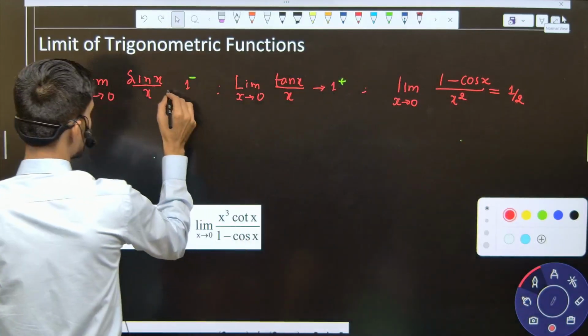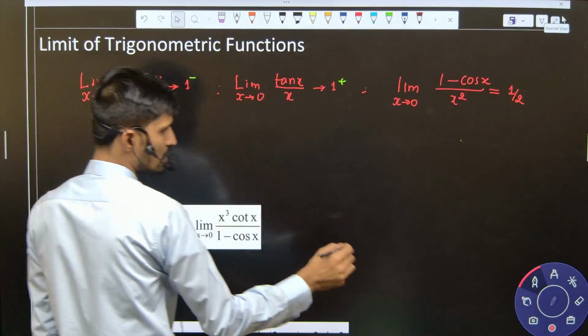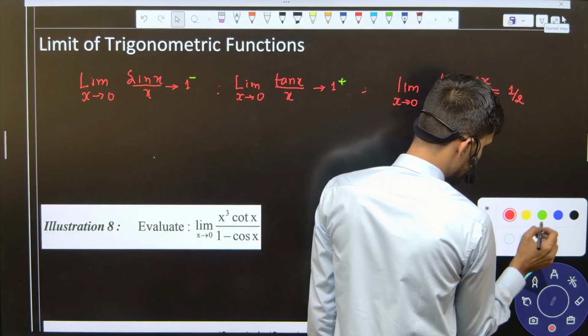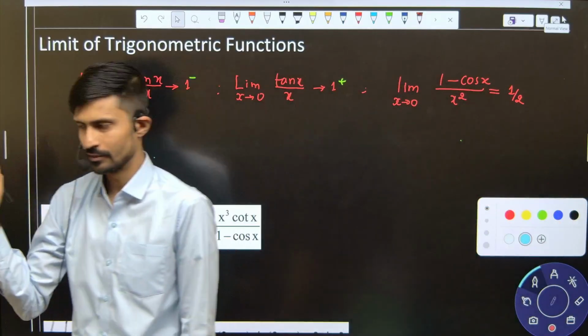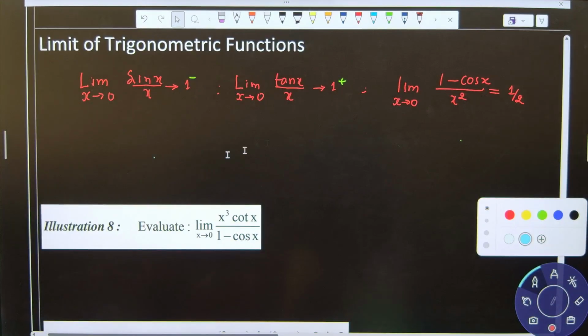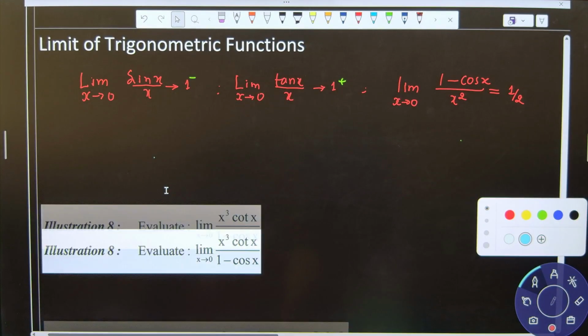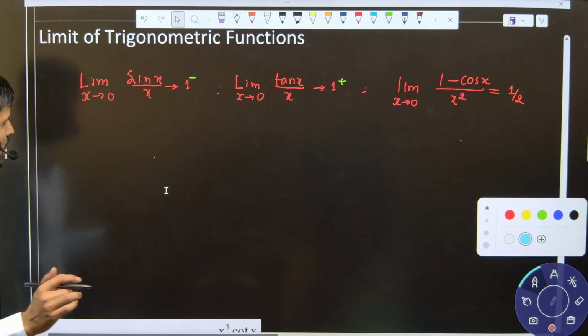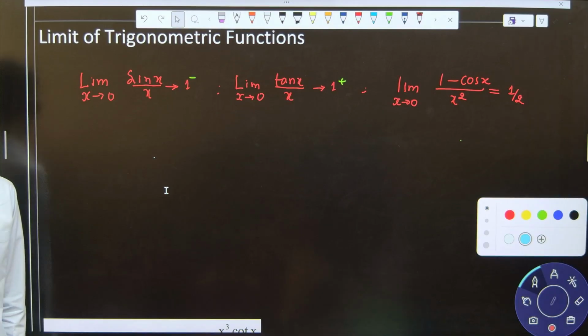And based on that understanding, I will generate some questions also here. I will generate a few questions also. So just see how the formula is working.